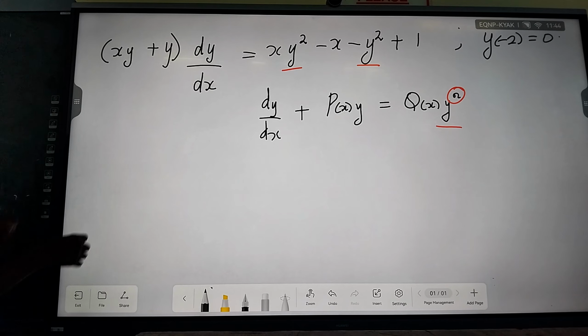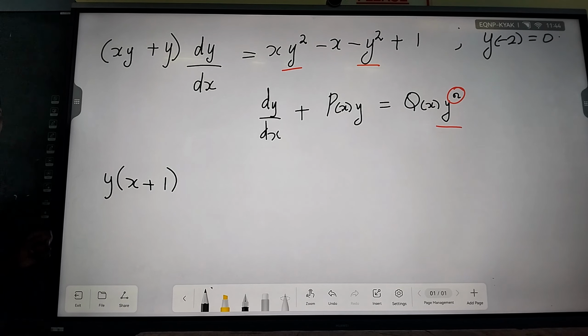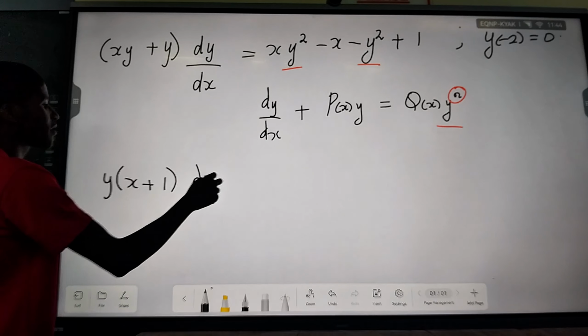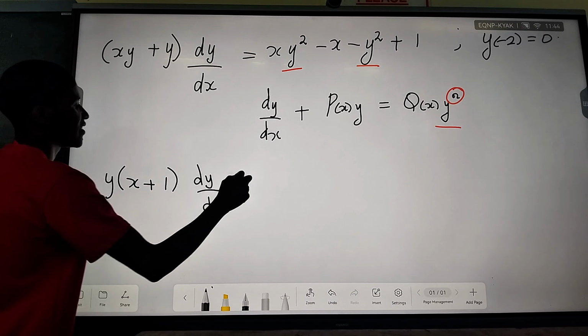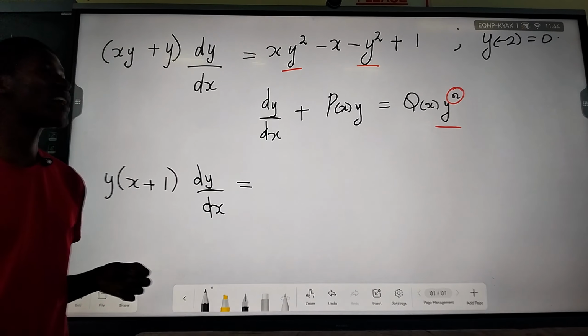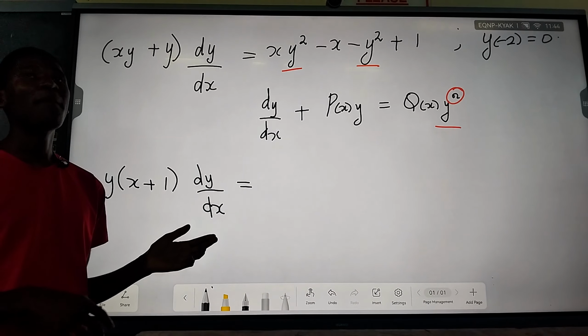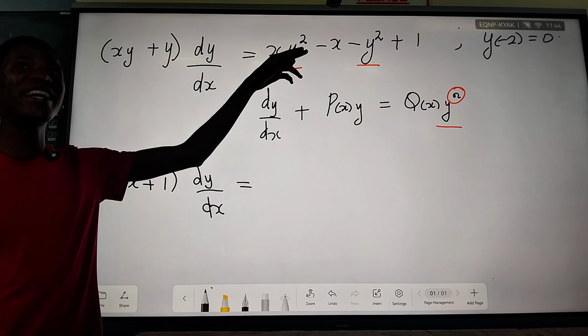Let's simplify a little. If we take out y, this will be y into x plus 1, dy/dx is equal to... What can we do with this? Y squared, I mean. We can take out y squared to simplify our things here. But at least let me just do a rearrangement.